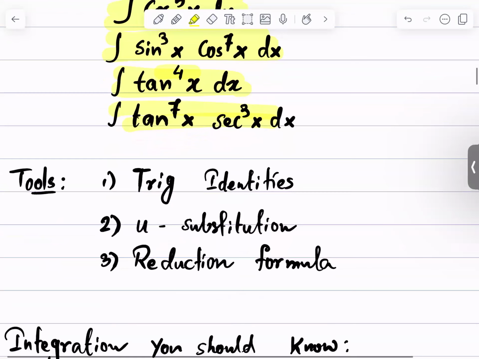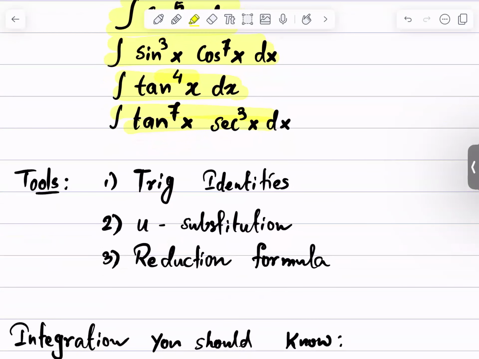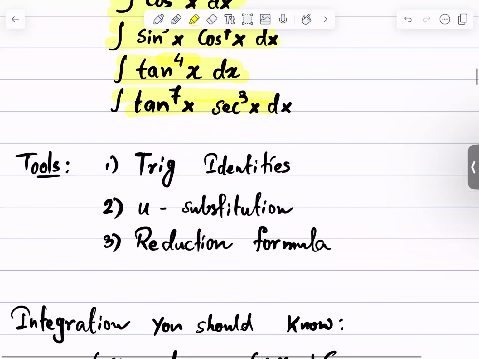The main tools we'll be using to tackle these integrations are trigonometric identities, U substitution, and reduction formula.